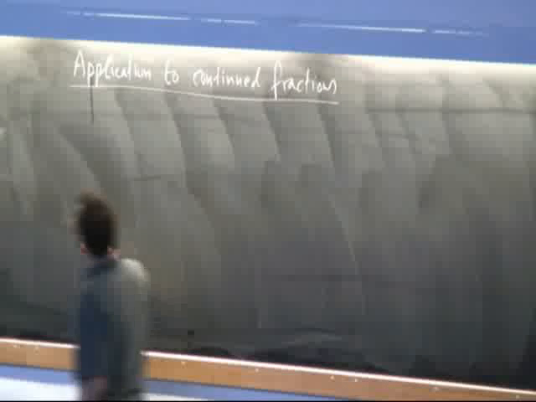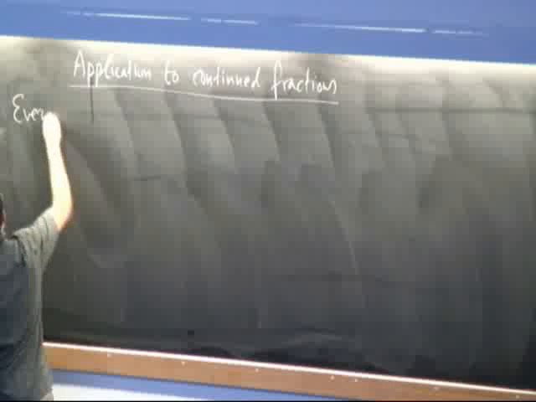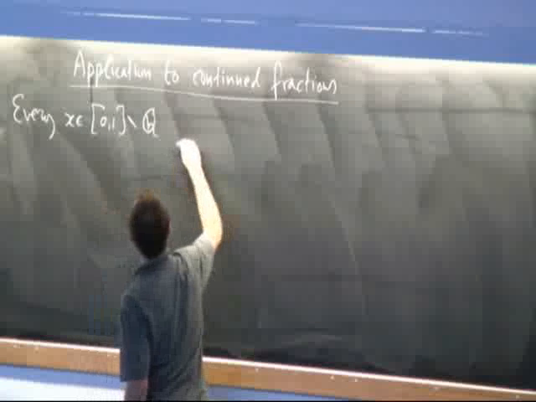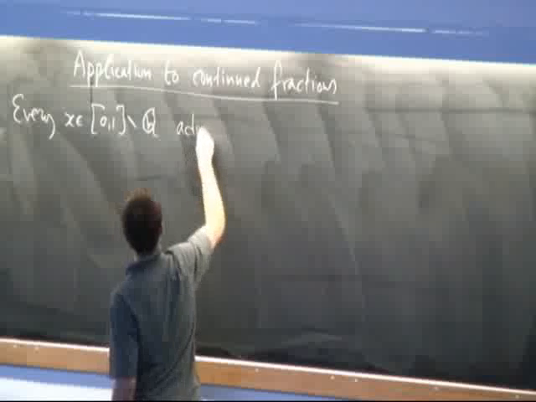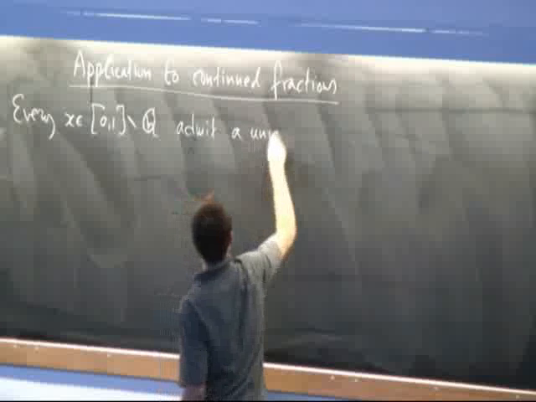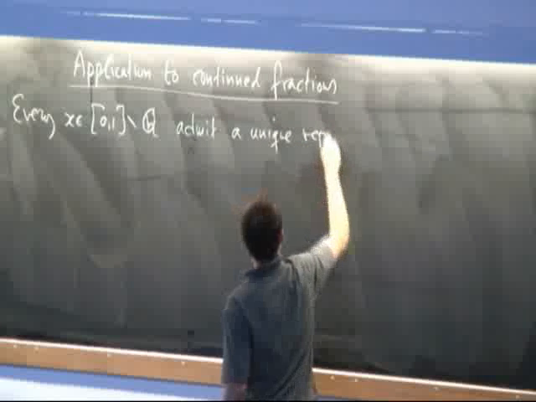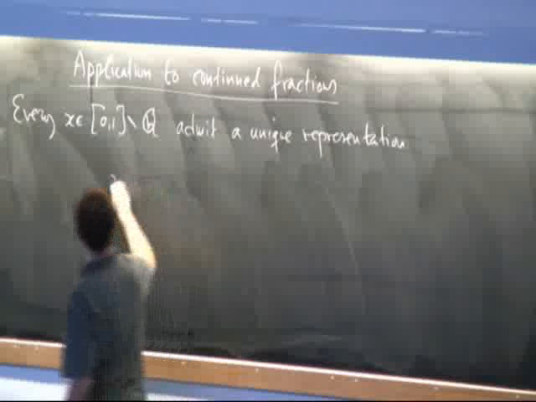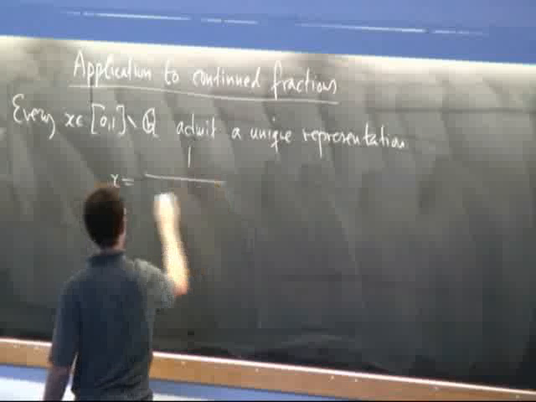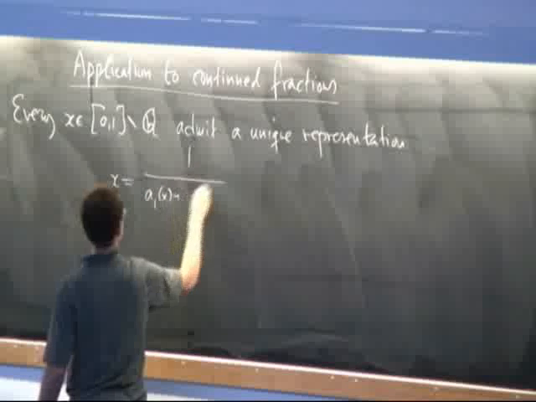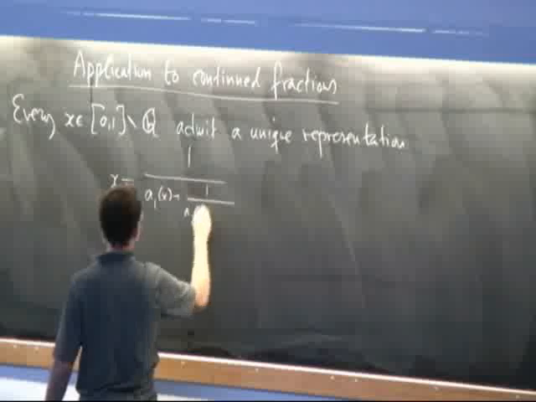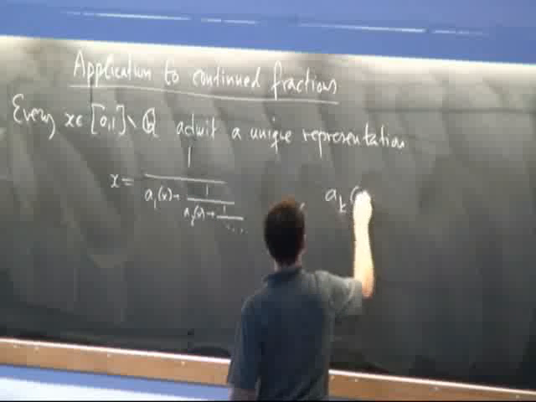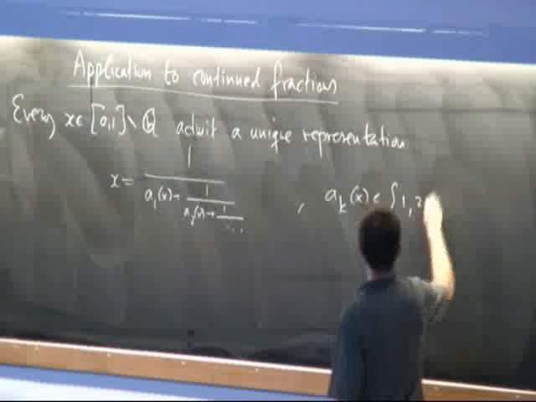So if you have a number x, it admits a unique representation in this form, where a_k take values in the natural numbers.